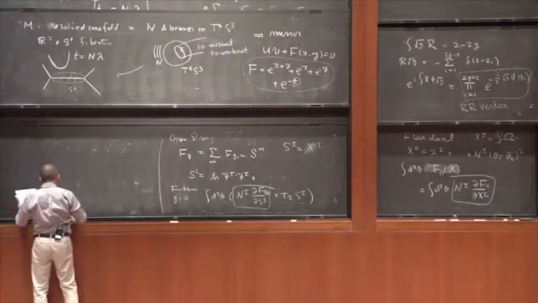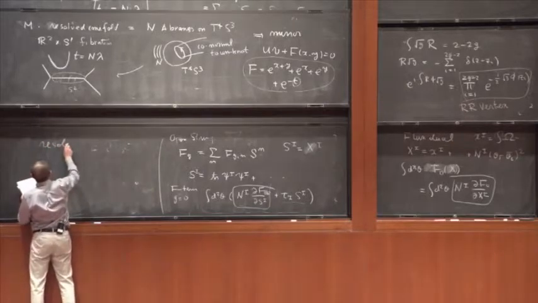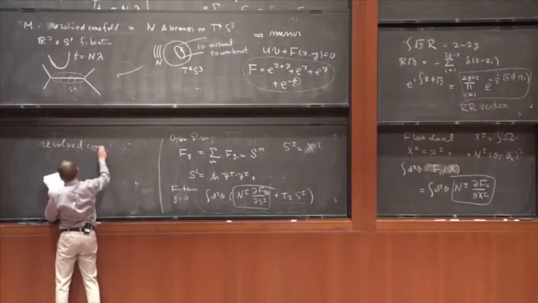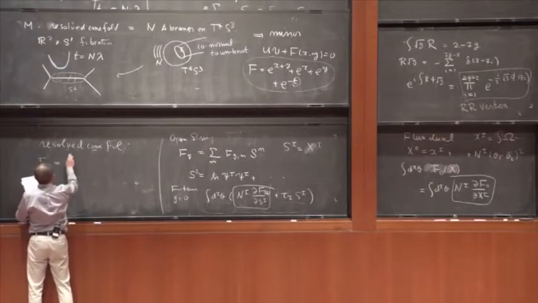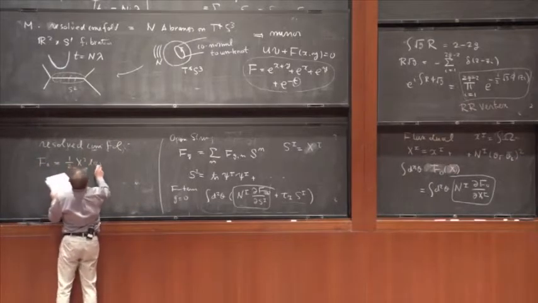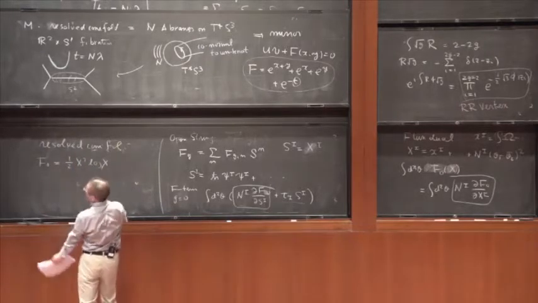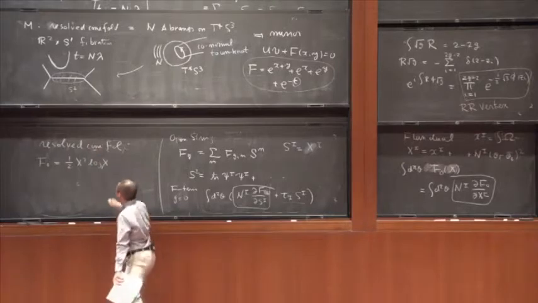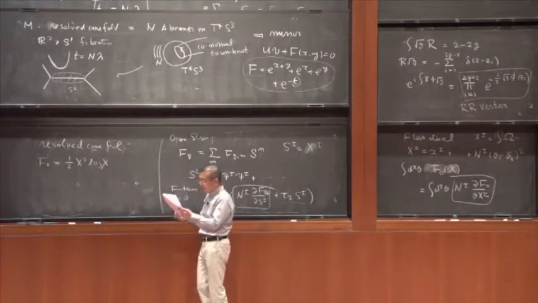So in particular, for example, if you have the resolved conifold again, F0 would be equal to 1/2 of x squared log x. Oh, it must have been somewhere up there, but I wrote it when I discussed the matrix model. Remember, F0 was of this type. If you look back at your notes, you recognize that.